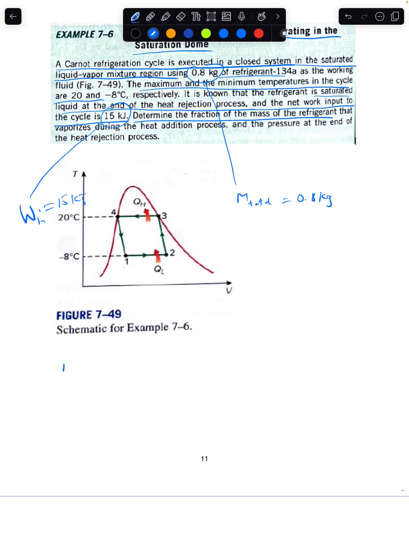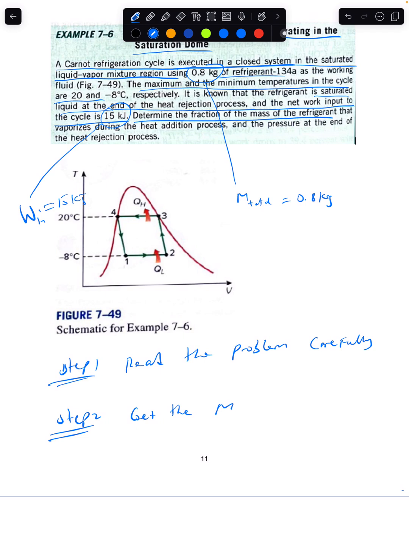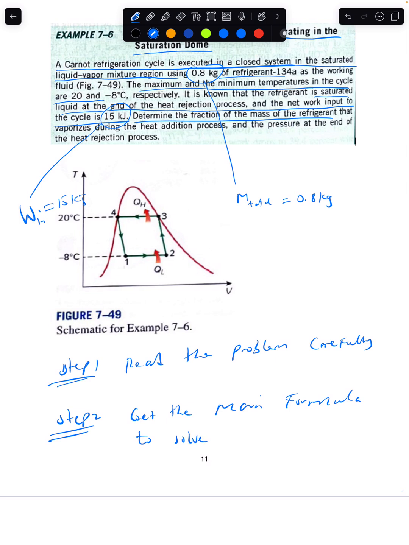So step 1, we read the problem carefully, and step 2, we get the main formula to solve the problem.